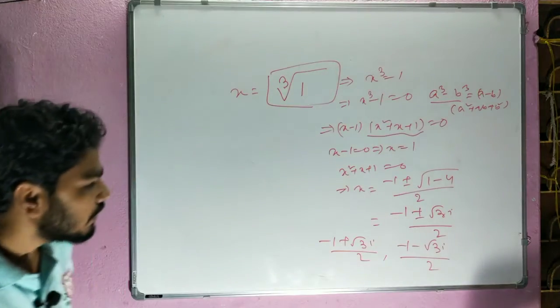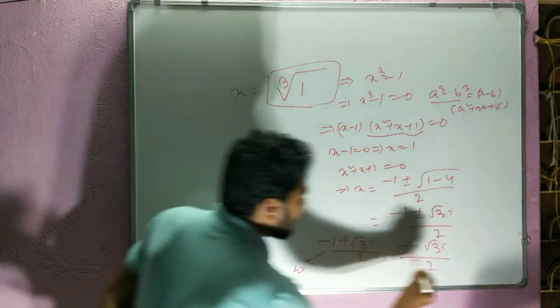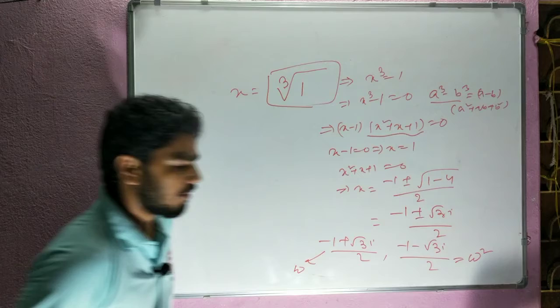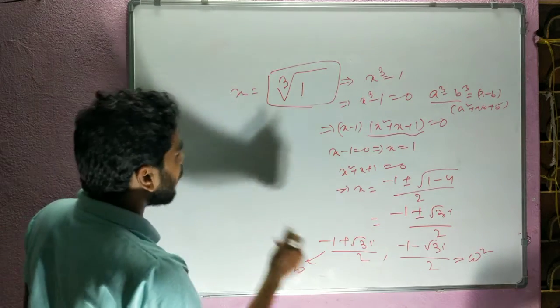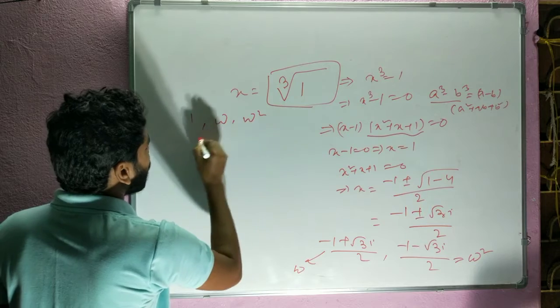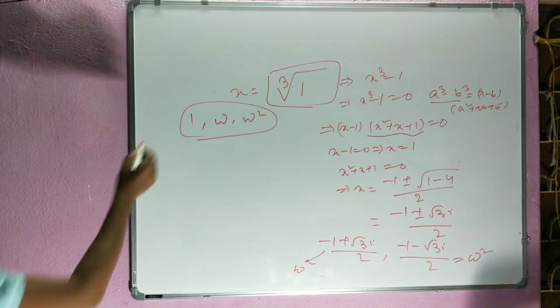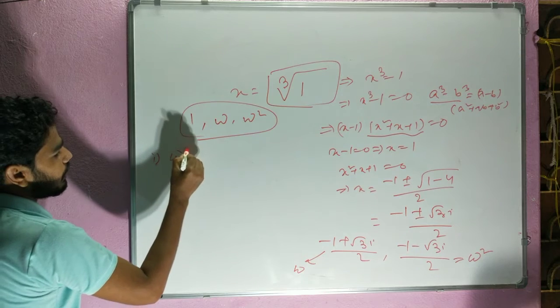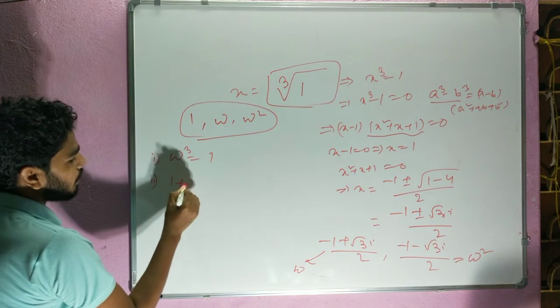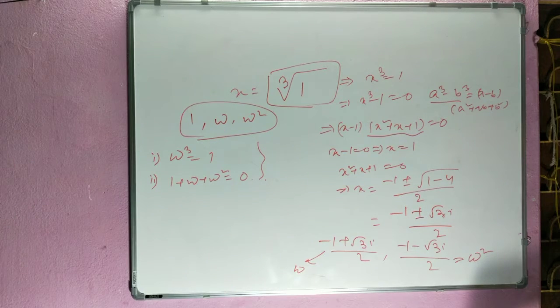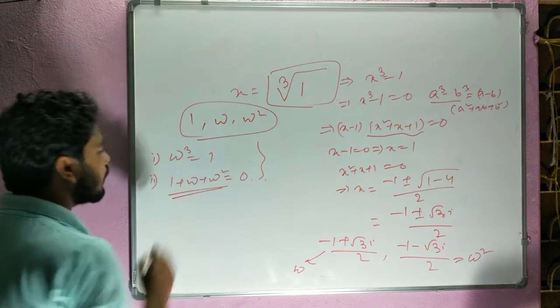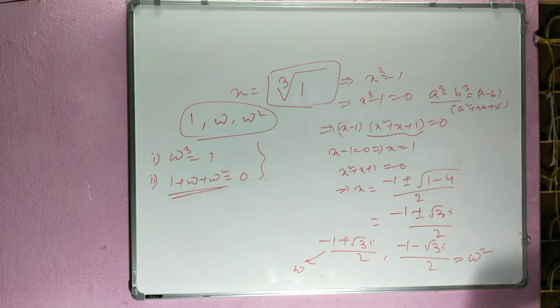One is represented by omega and the other by omega square. The three cube roots of unity are 1, omega and omega square. Two properties of these roots: omega cube equals 1, and 1 plus omega plus omega square equals 0. These are very important properties for sums.